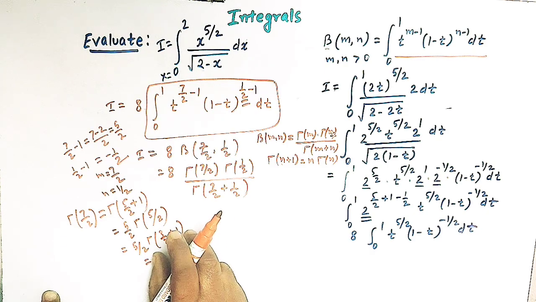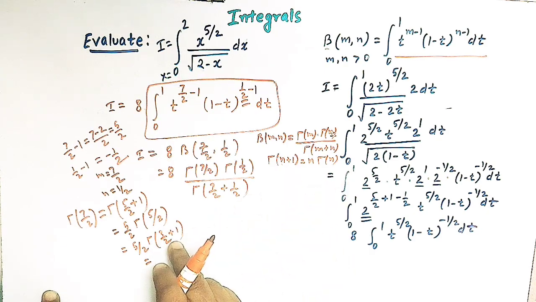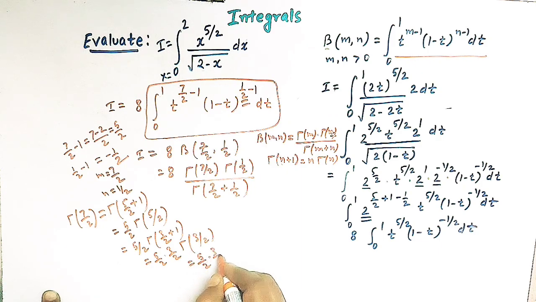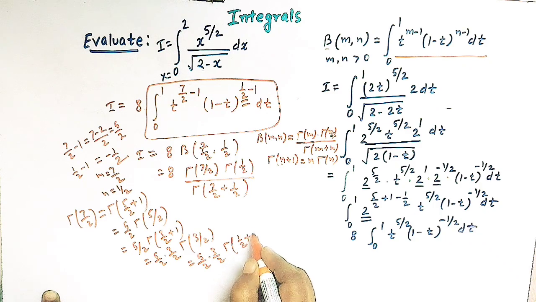So again applying this result to this one, so we have 5 over 2 times 3 by 2 and gamma 3 by 2. So let us further write gamma 3 over 2 as half plus 1.